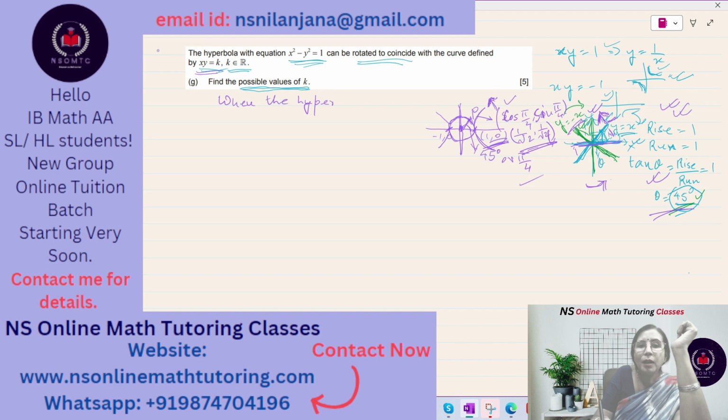So the hyperbola is rotated through an angle of pi by 4 in the anti-clockwise direction.